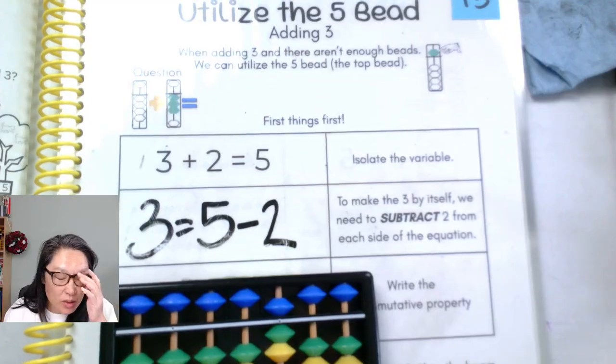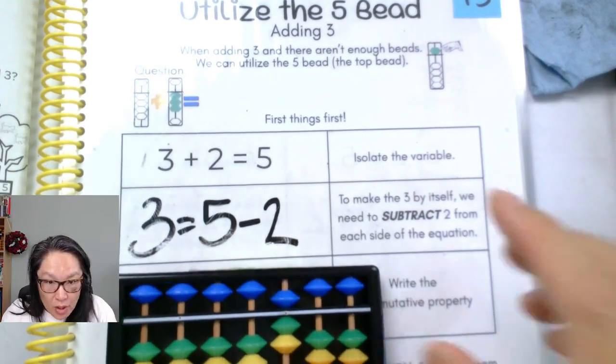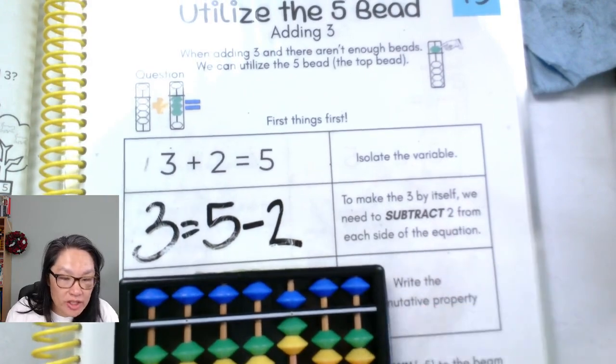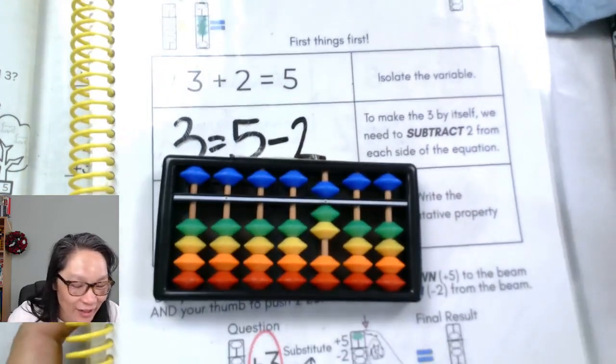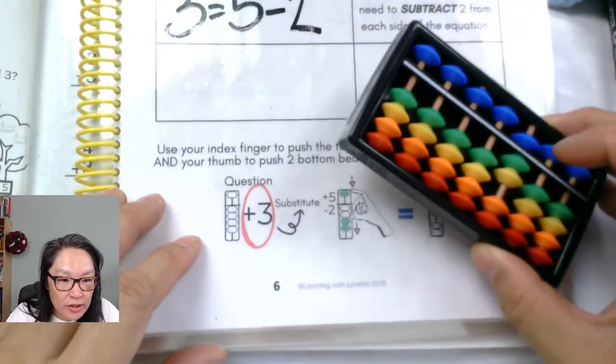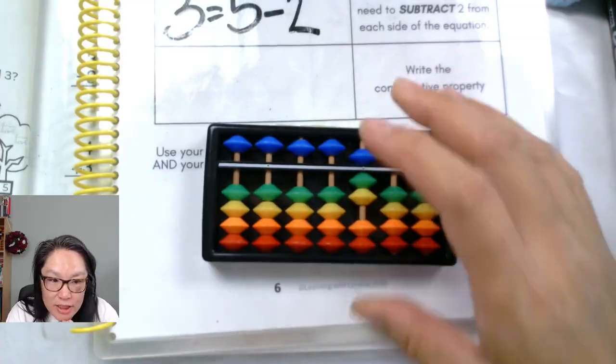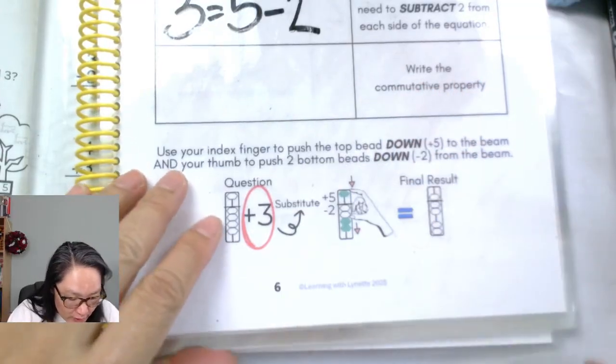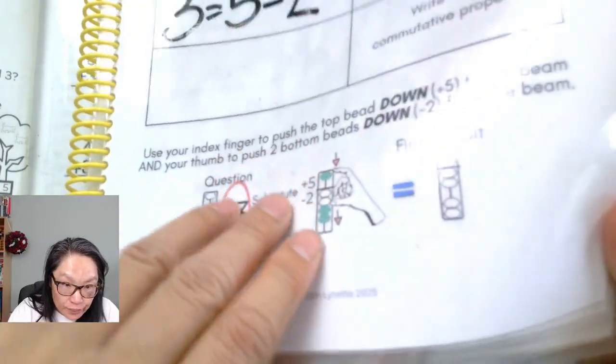In the abacus world, we don't say isolate the variable. We don't say substitute. We just say do it. So when we're doing it, you always factor it with the 5. If you need it, you do. So there is a process that we do.